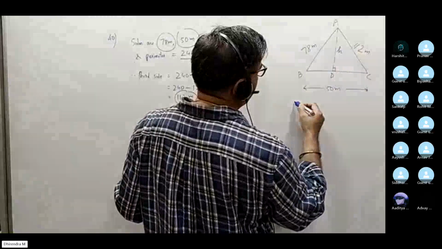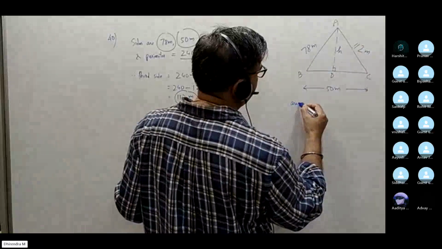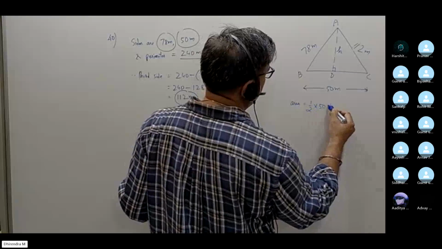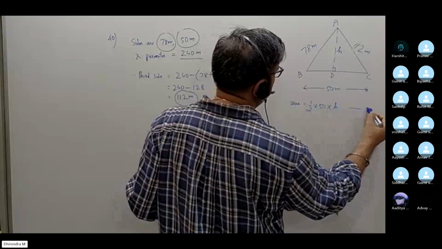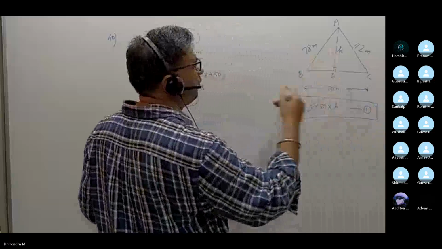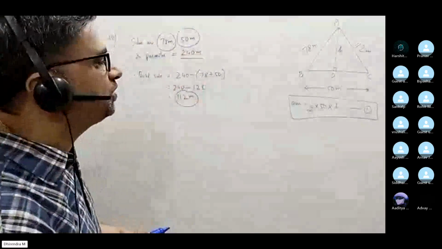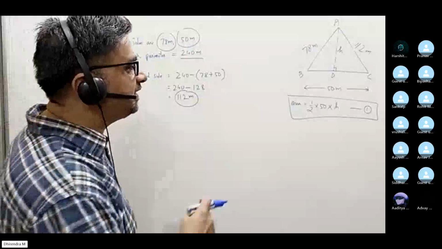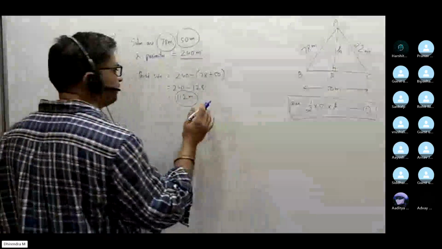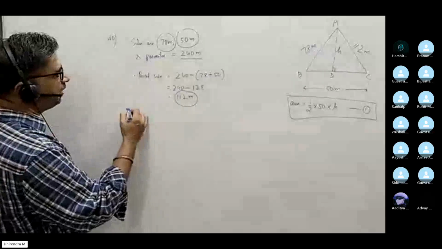So if the altitude is H, then don't you think that the area of the triangle is half into base into height? Is everyone very good with this? If H is the altitude of the triangle on the side which is 50 meters, then this is the area of the triangle. Yes. So park this for now.